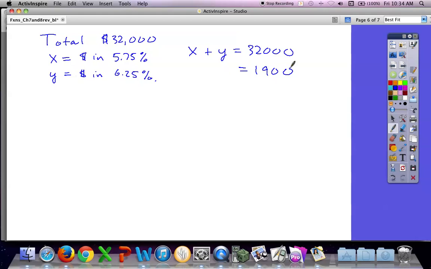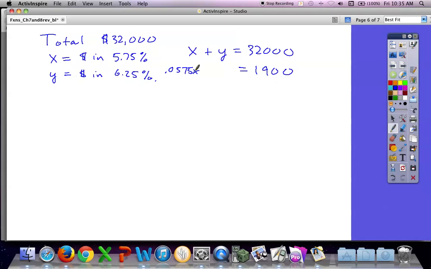How much interest are you going to get from the X dollars you put into that fund? If it's a 5.75% interest, how do I calculate how much interest came from that part of the investment? 0.0575x, right? If you multiply by the decimal form of the percent, that's how many dollars come out of that.